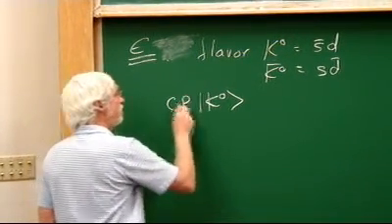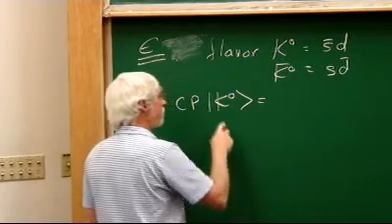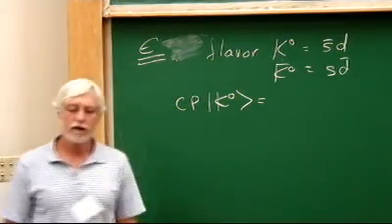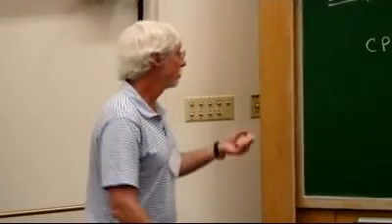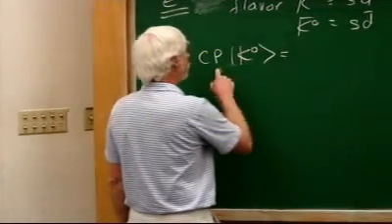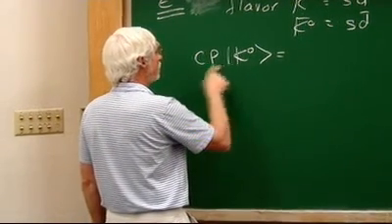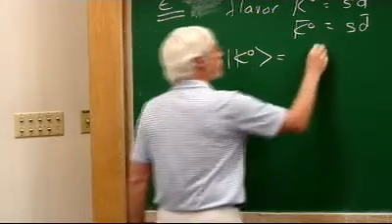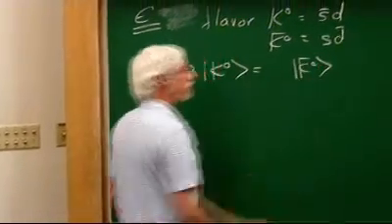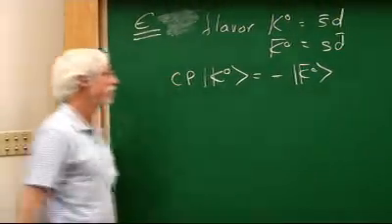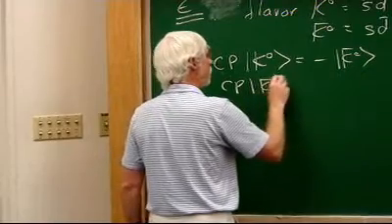And if you act with CP on this thing, and I'm going to be looking at these states at rest, because I really just care about a meson oscillating into itself. I don't have to have it move. I might as well just have it at rest. So this thing, charge conjugation turns this into an anti-K0, and these are pseudo-scalars, so parity changes the sign. And then CP on K0 bar does the opposite.